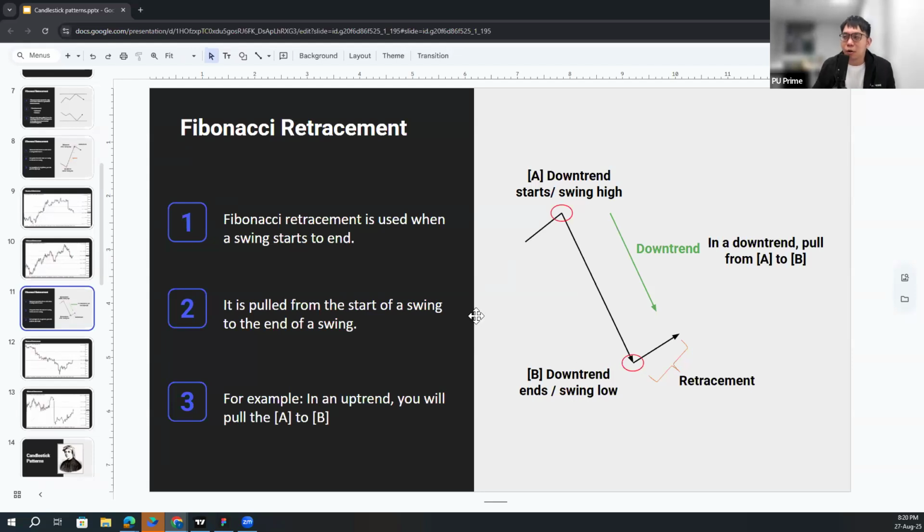If you are holding a long position, or it is an uptrend, pull from the bottom to the top. If you are looking at a bearish trend, a downtrend, you draw it from the top to the bottom, and it means that at some point people will start selling TP, right?